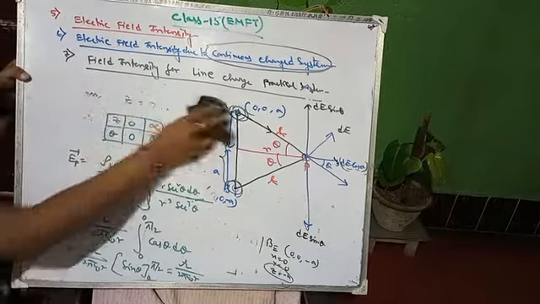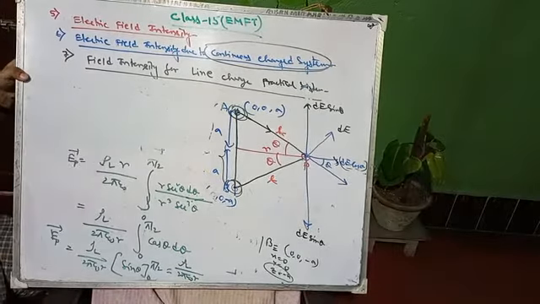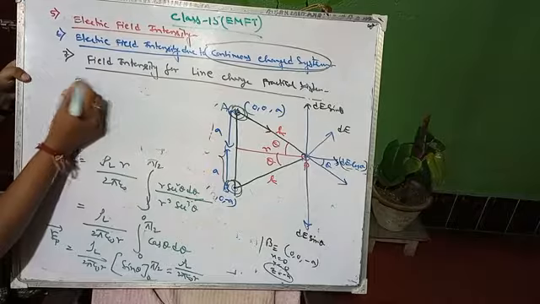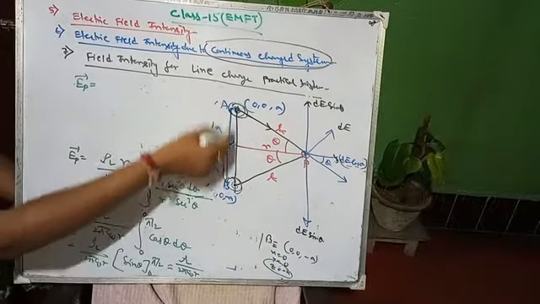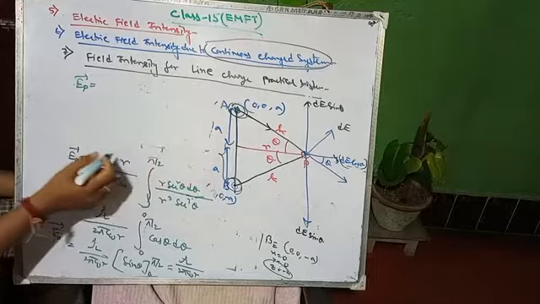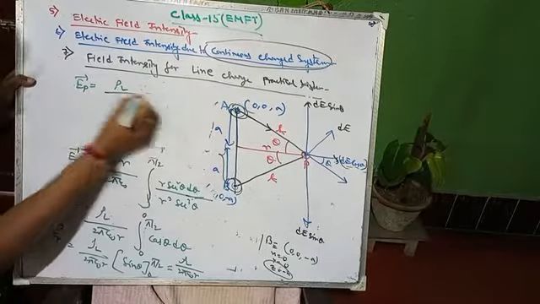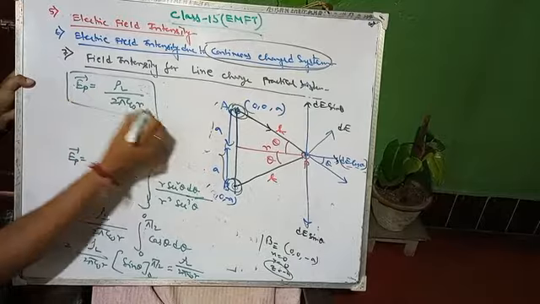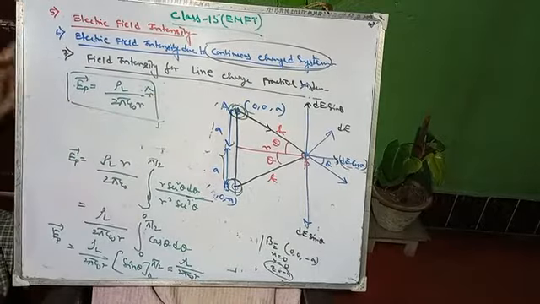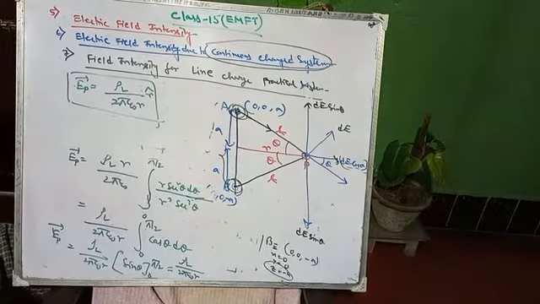So for an infinite long wire, the intensity at point P, which is at distance r from the origin of this line, will be rho L by 2 pi epsilon naught into r. Okay, this is your ultimate answer. This is in the direction r cap also.